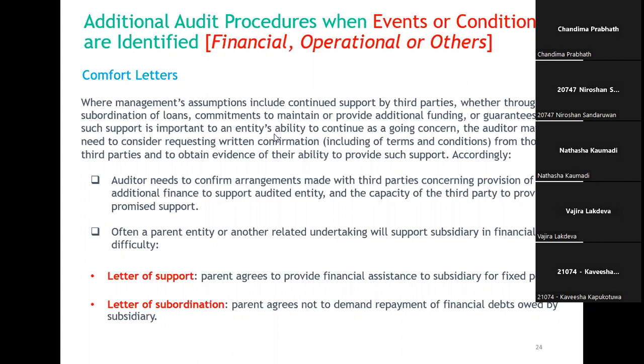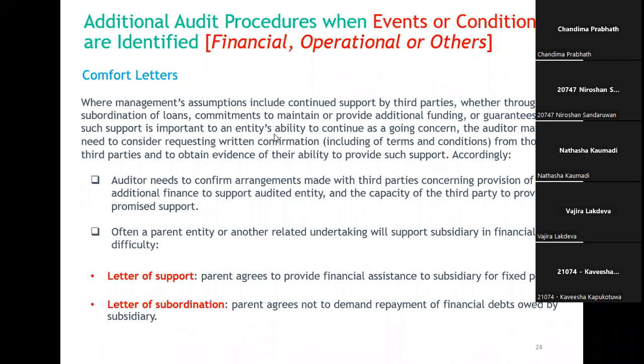The auditor may need to consider requesting written confirmation from those third parties and to obtain evidence of their ability to provide such support. In the case of Sri Lankan Airlines, the government of Sri Lanka has issued comfort letters. Accordingly, the auditor needs to confirm arrangements made with third parties concerning provision of additional finance to support the audited entity and the capacity of the third party to provide the promised support. So that is also very important.